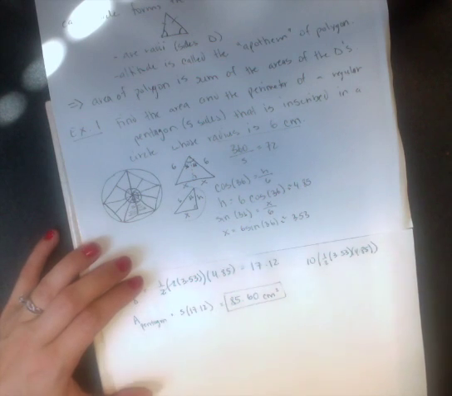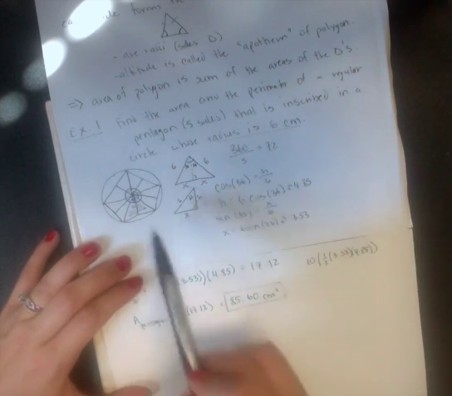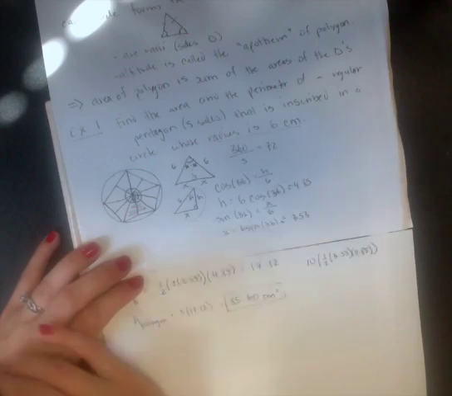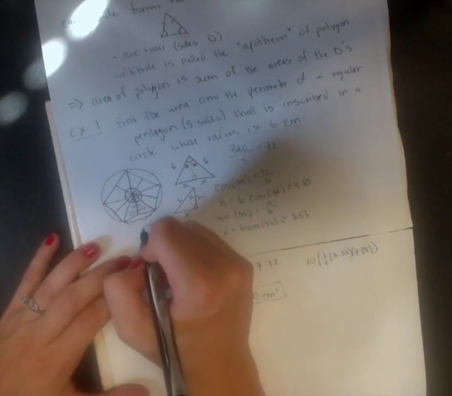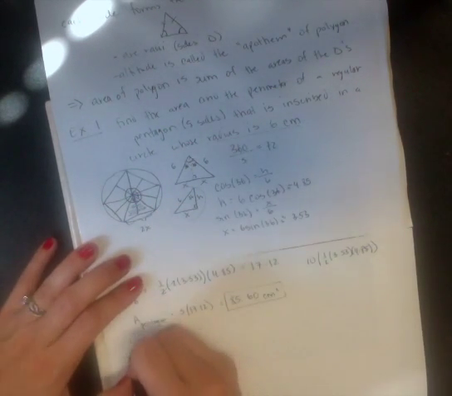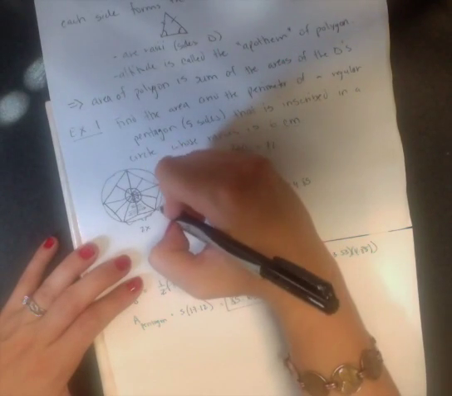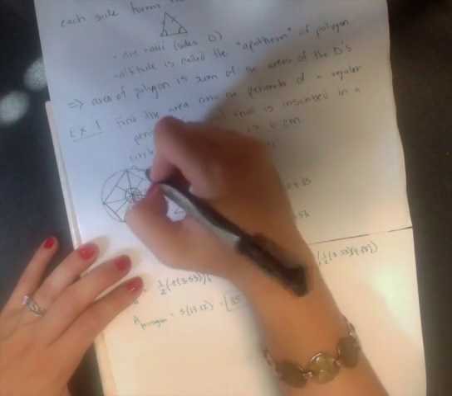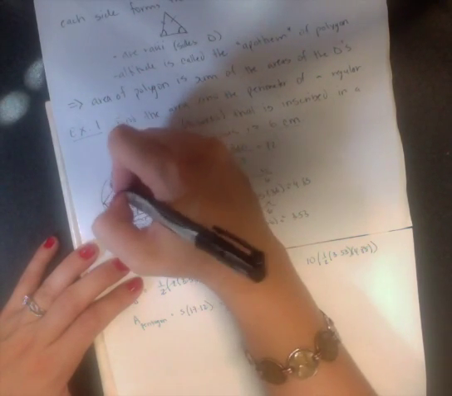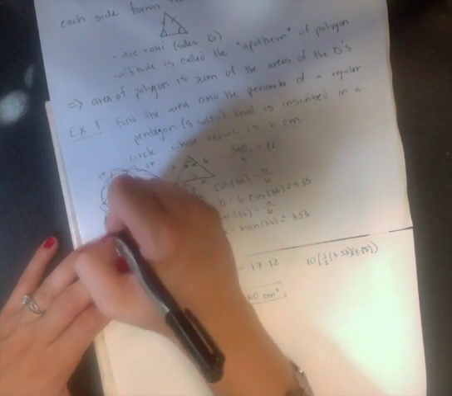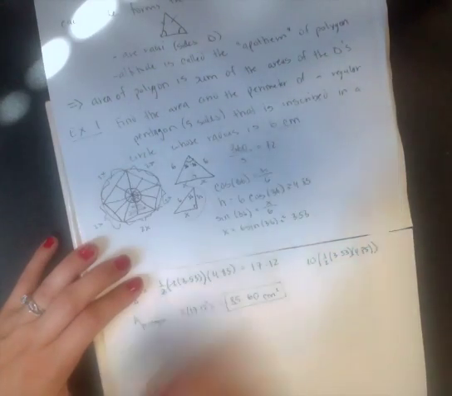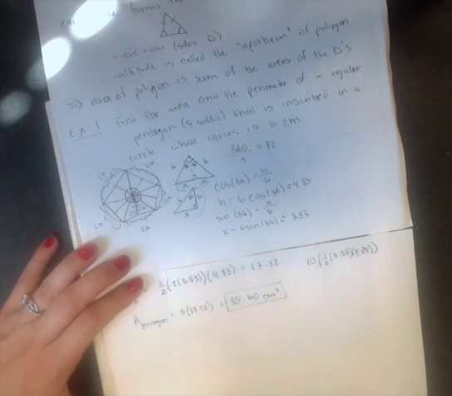Now I need to find my perimeter, right? And I know that each of these bases is 2x. So I have 2x, 2x, 2x, 2x, 2x, right? Because it's from this triangle I pulled out.